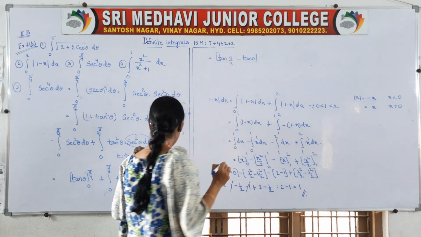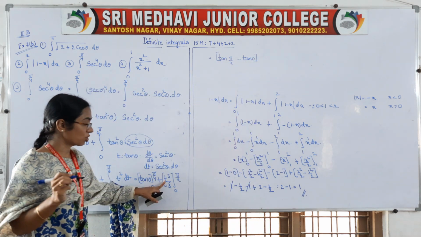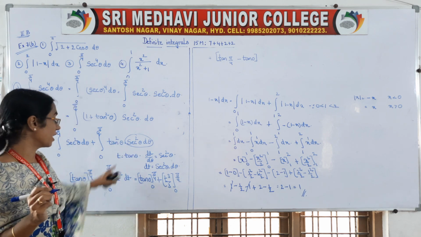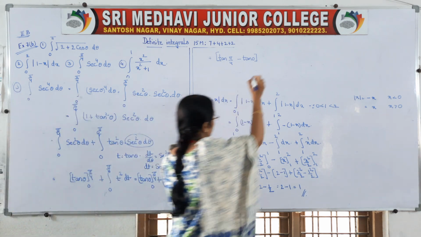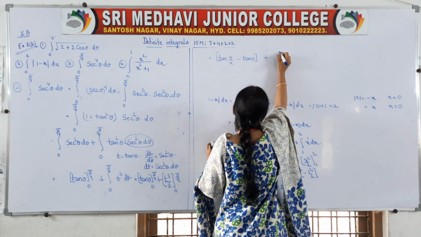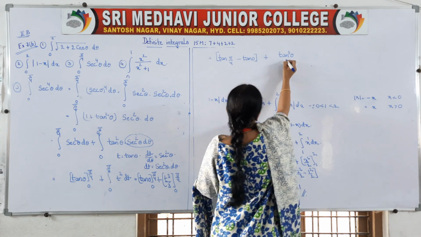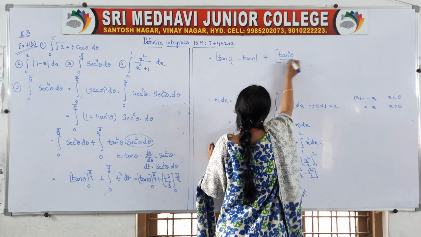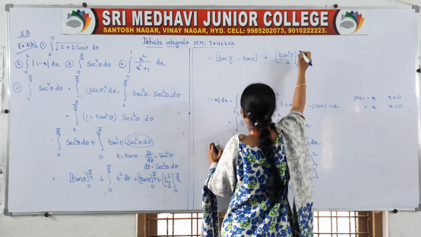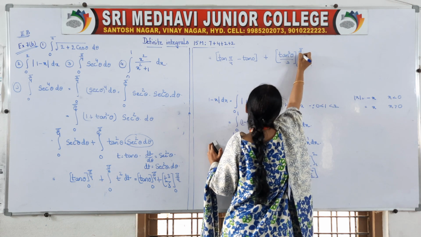Similarly here, first you have to substitute in t place. What is your t? Tan theta. Then you have to substitute your values. What is that? Tan cube theta by 3. Then in it you have to substitute your 0 to pi by 4.